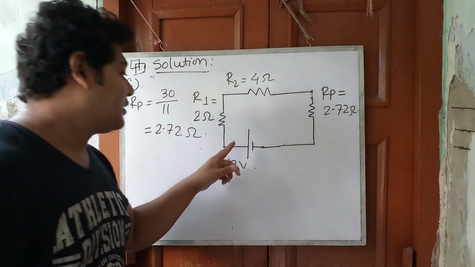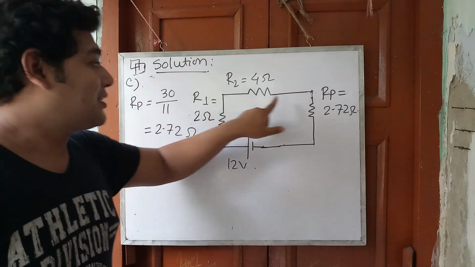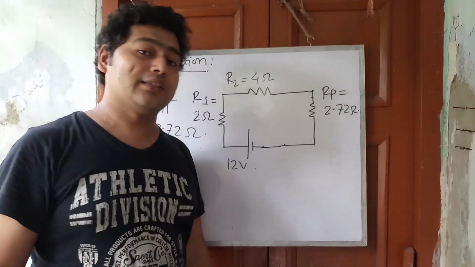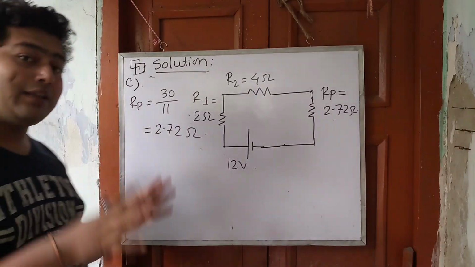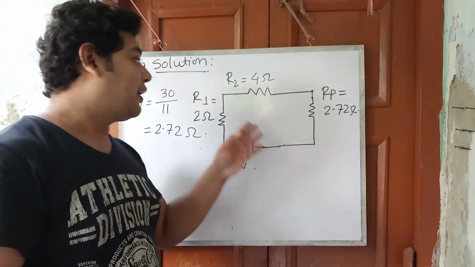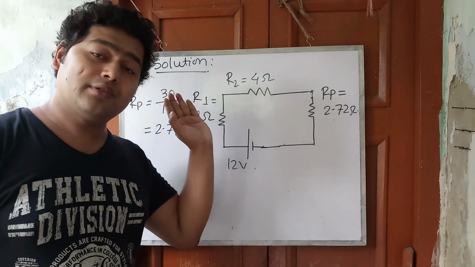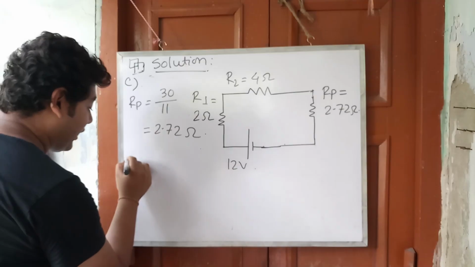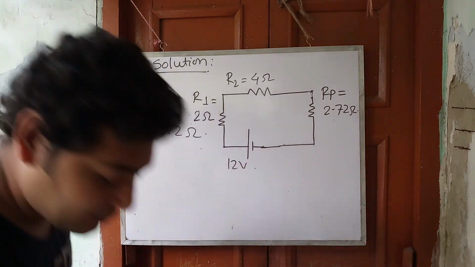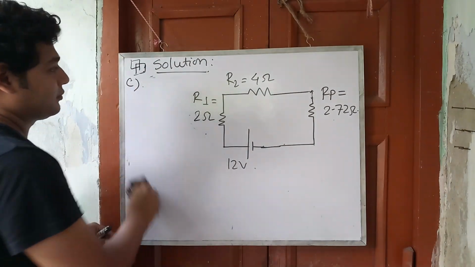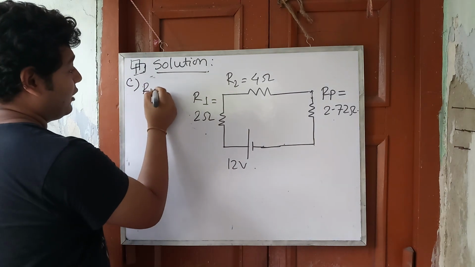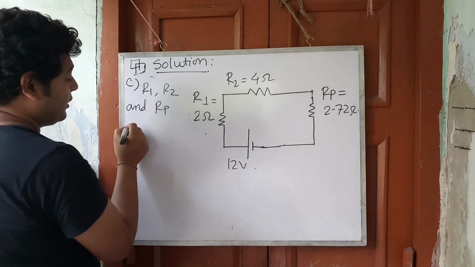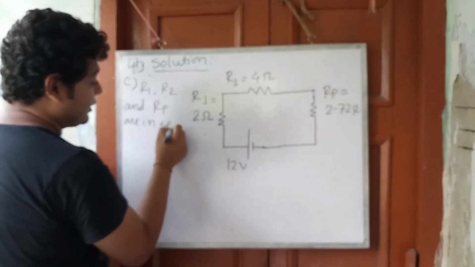Here we see that the three resistances are in series because the same current flows through these three resistances. So we can calculate the final equivalent resistance by using the law of series combination. R1, R2 and Rp are in series.